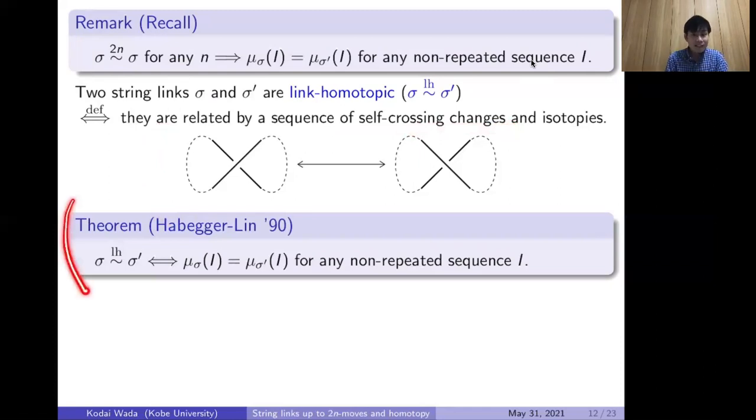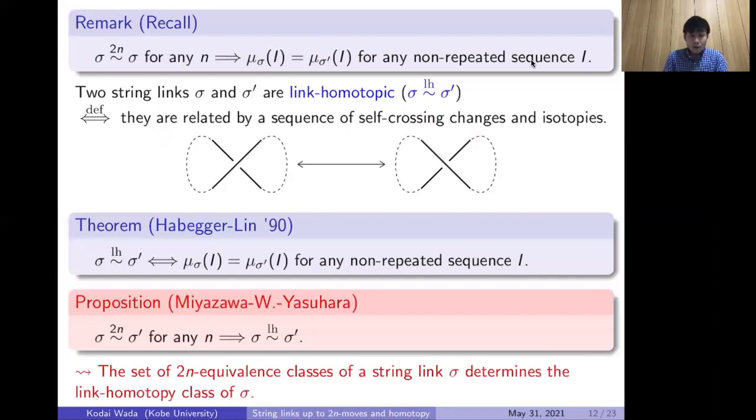In 1990, Habegger and Lin proved that two string links are link-homotopic if and only if they have the same mu invariant for any non-repeated sequence. This Habegger-Lin classification and this observation give the following proposition.